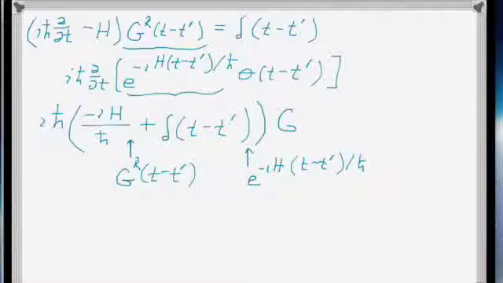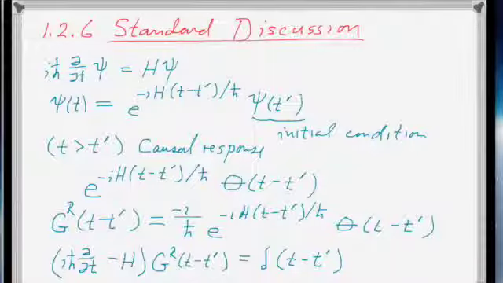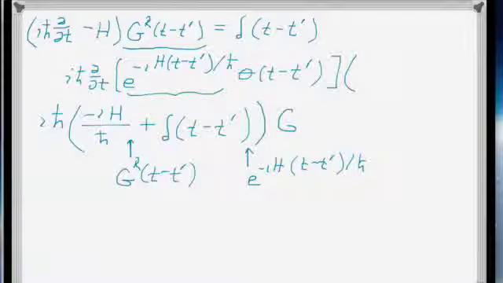And now, oh, I got another factor too, right? My Green function was defined with a minus i over ħ out front. So I've got the whole thing times a minus i over ħ. That was the definition of our Green function.